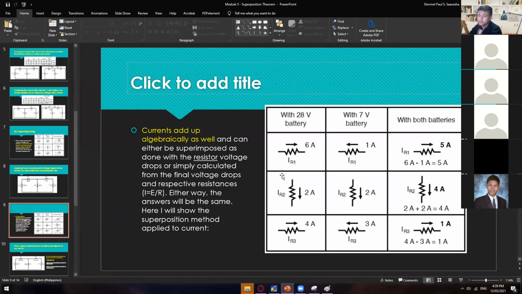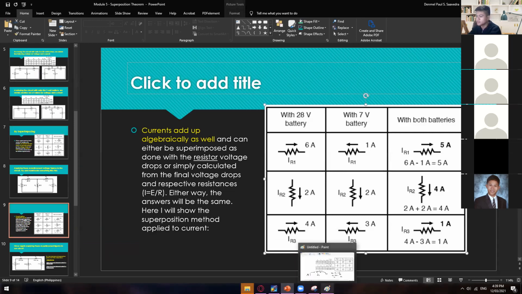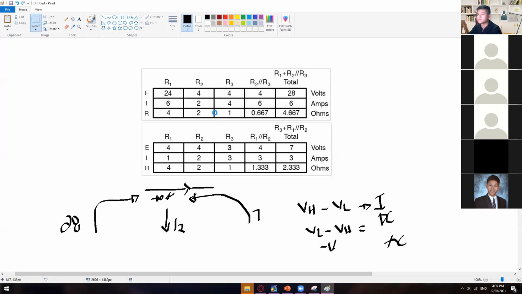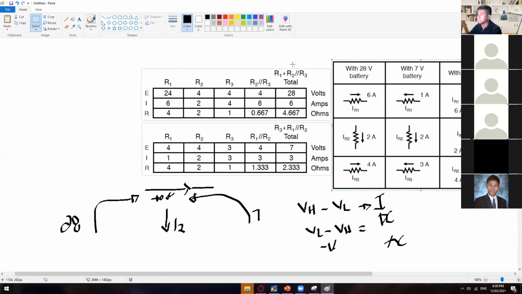And for the current, the same process. So for the current, we have here 6, 2, 4, and then 1, 2, 3. And so 6 and then minus 1.